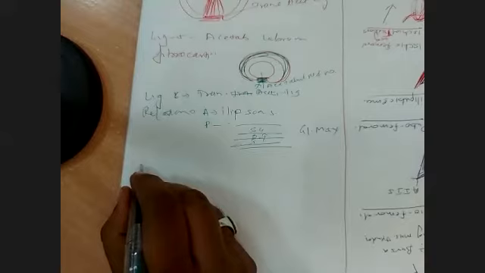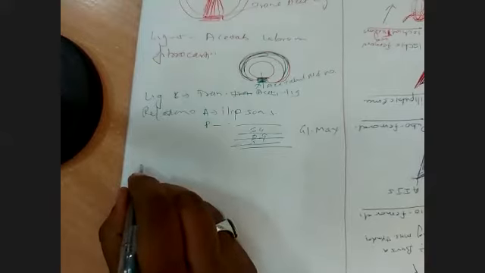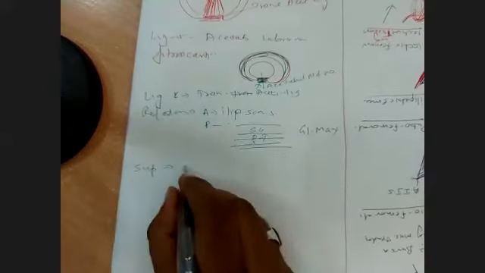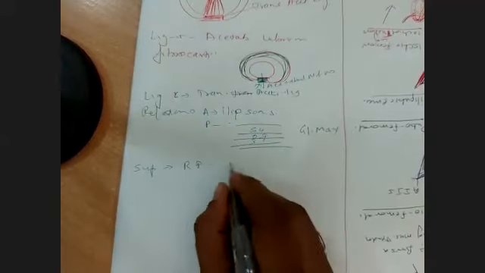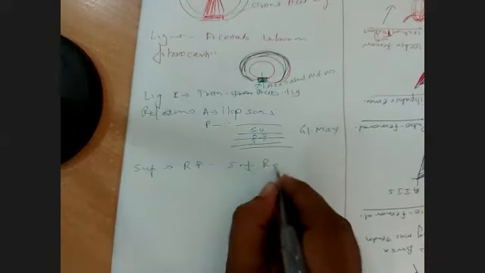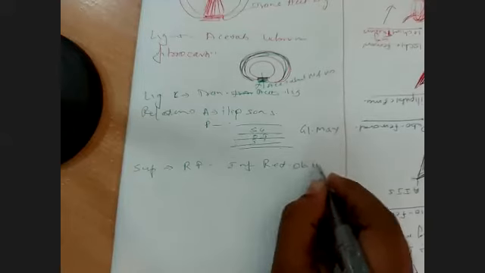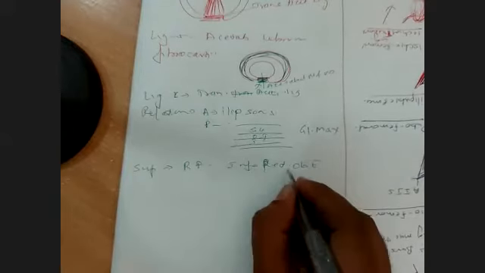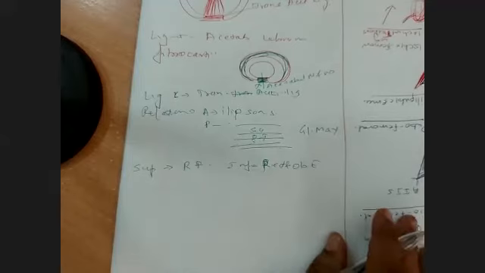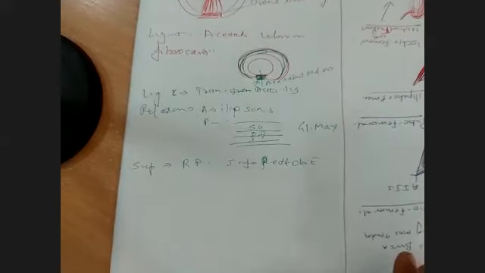Superiorly is the reflected head of rectus femoris, and inferiorly are pectineus and obturator externus. So these are the relations.